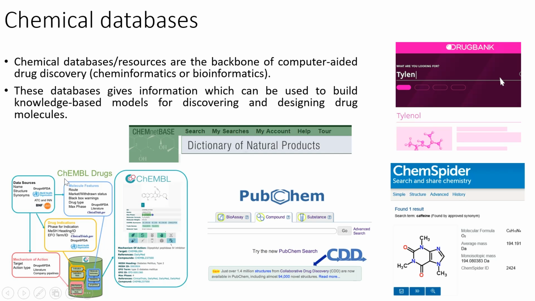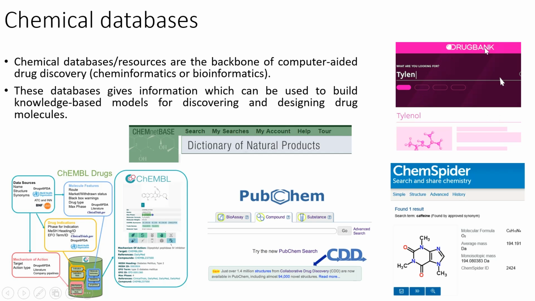I particularly like ChEMBL. It is well annotated, but PubChem is also well annotated. I will show you that. I'm referring to the fact that they have good information for each chemical compound stored within the database.